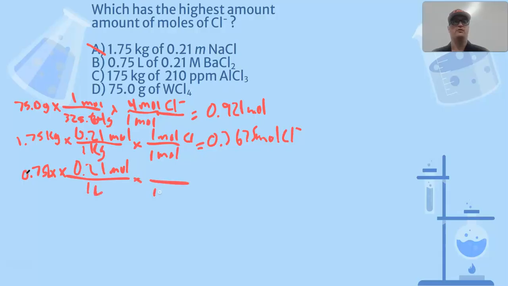And for every 1 mole of my barium chloride, I get 2 moles of my chloride ion. So in multiplying that out, I get 0.158 moles of chlorine. So that's even worse. So that one's gone.